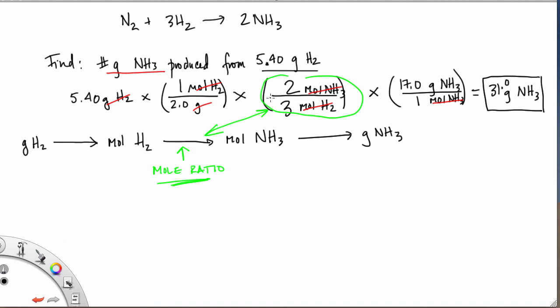So when you come into class for the next class, you should be familiar with how to set up a simple stoichiometry problem using the mole ratio from the balanced chemical equation. What I want you to do is work on this problem. If we're using this reaction, I want you to solve the problem.